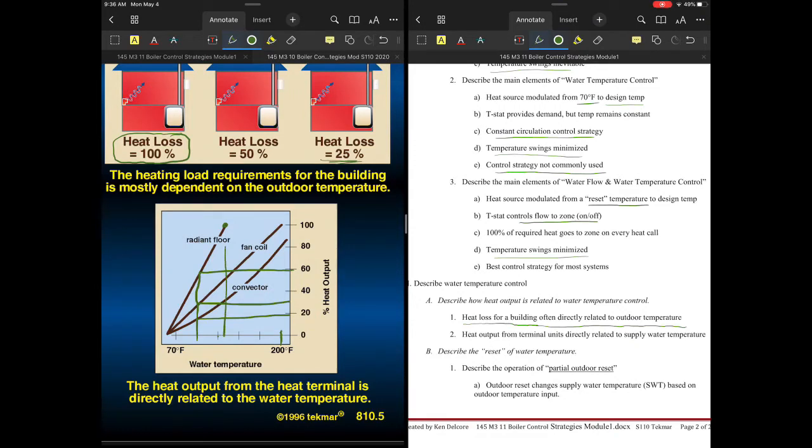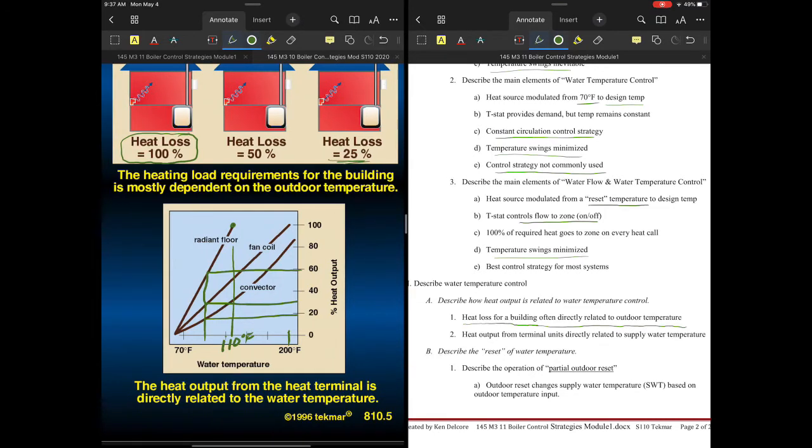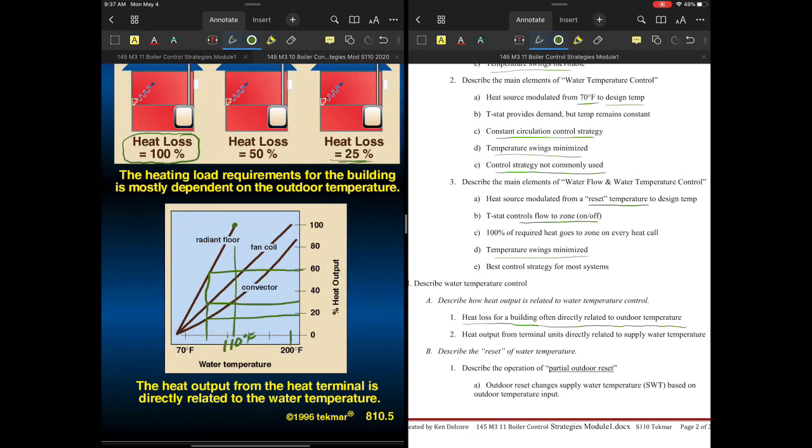So for example, with a radiant floor system, I've done jobs where I'm getting 100% of the output at 110 degrees Fahrenheit as a water temp.